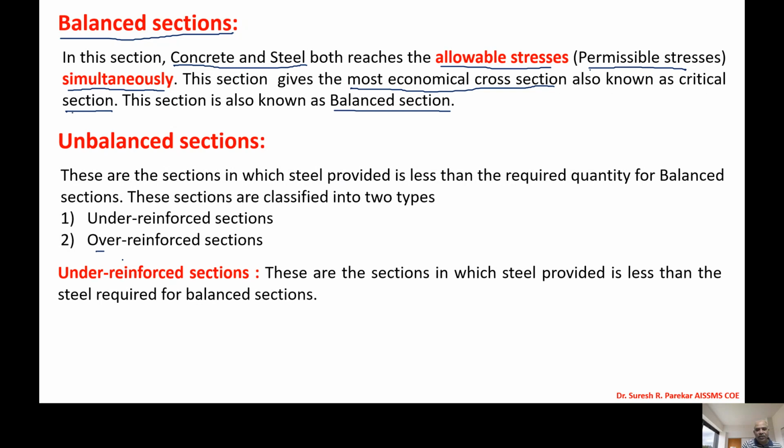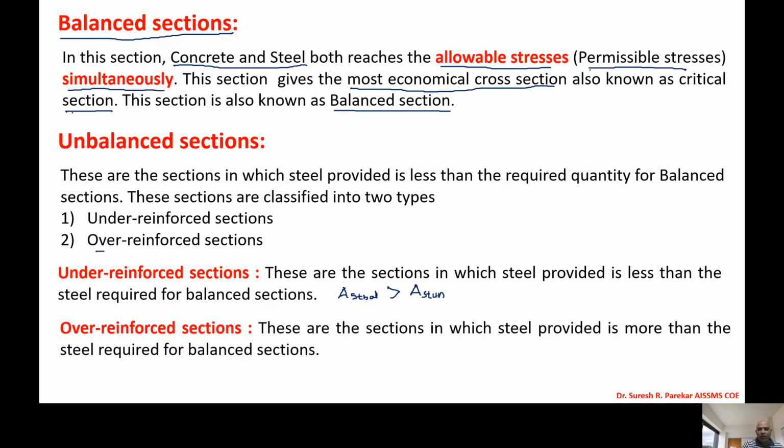Now, under reinforced sections are those in which the steel provided is less than the steel required for a balanced section. So that is AST balanced, and this is greater than AST under reinforced. Let us say UR.